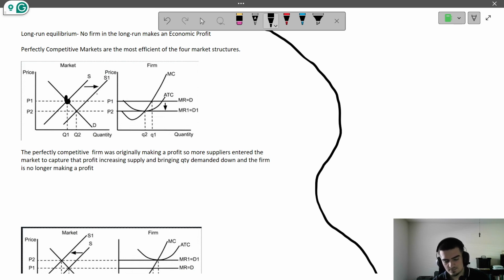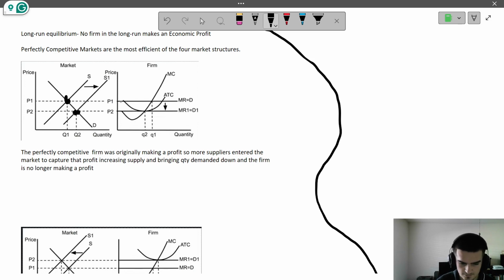So that increases supply. And what happens to your demand? Or nothing happens to your demand. What happens to your price? Well, it goes down and your quantity goes up. Or the market's quantity goes up. But that shifts your marginal revenue equals demand equals average revenue equals price down because your price went down.